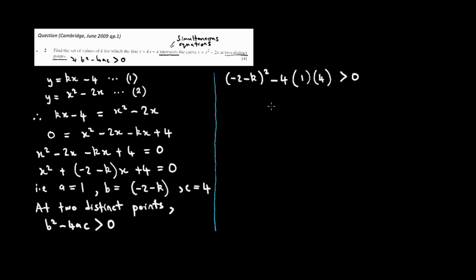Teacher, let us expand this part. Of course, I saw one of my students in the class try to solve this like this: minus 2 minus k squared eventually will be greater than 16. Then taking the square root of both sides, minus 2 minus k is greater than plus or minus 4, etc. That works, but it only produces the critical values.